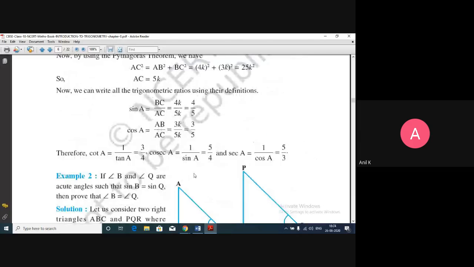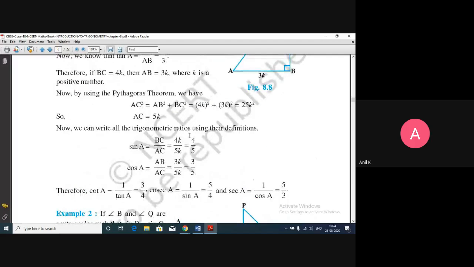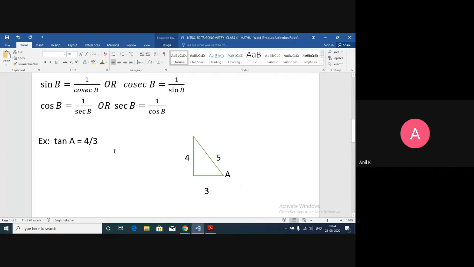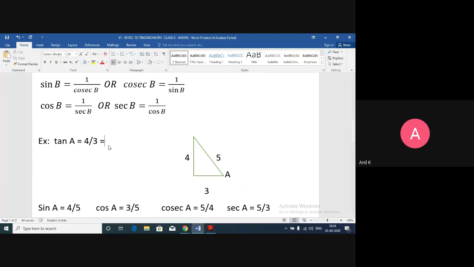See, in the question, they have taken 4k, 5k, 3k, because 4 by 3 will be the same as another value also. Maybe I can take it as 8 upon 6, or 12 upon 9, or 16 upon 12.